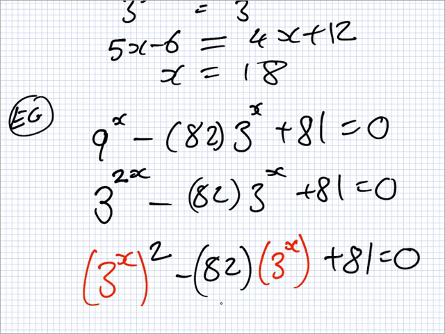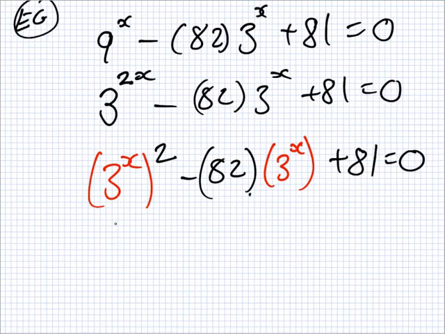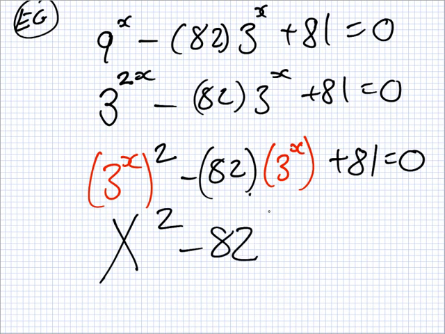It's a quadratic, in which the variable is 3 power x. I know everybody wants to substitute, but it's so obviously a quadratic, I'm going to skip the substitution. It's like something squared minus a number times something without the square, plus another number.